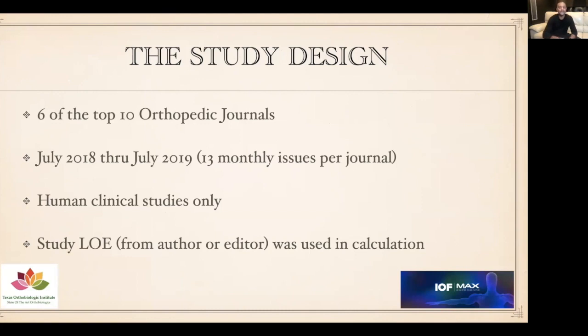We looked at the study level of evidence as determined by the submitting author of the paper or as determined by the editor of the journal. Most of these journals now require a level of evidence determination by the submitting author. So if that was present, we use that. Absent those two sources, then the authors of this paper each separately came up with a level of evidence, and then those were averaged.